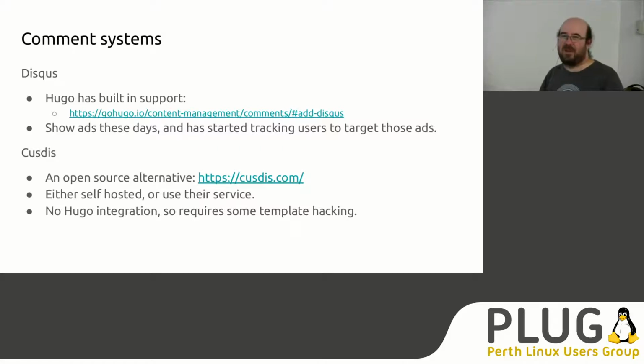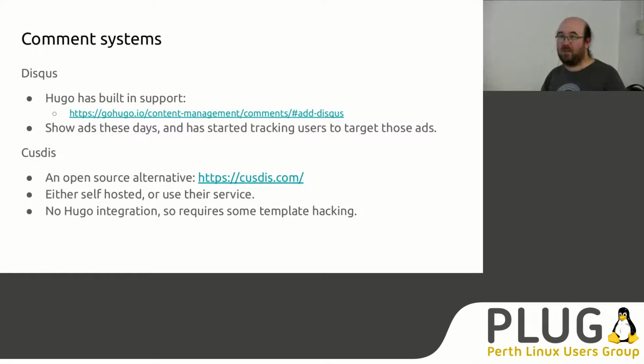It used to look really nice, but if you don't have an ad blocker these days, it's displaying a bunch of ads, and they changed their terms of service to allow them to track users between websites, so they can use what they deduce as your interests from visiting one website with Disqus comments to display ads on a second Disqus comments website. So maybe you want to pick something else.